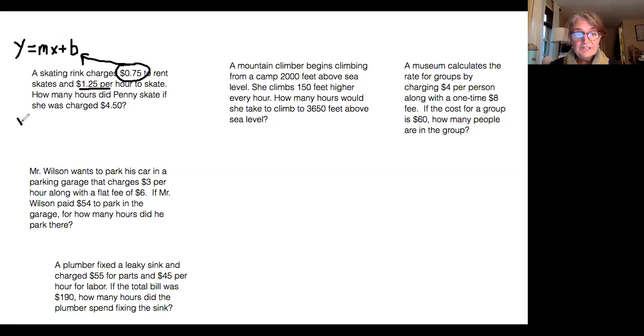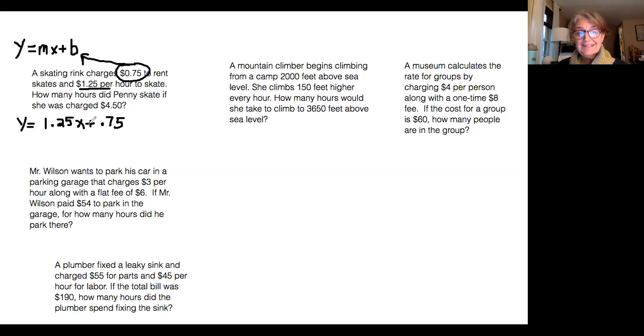So if I were to set up this equation, I would say y equals 1.25x plus 0.75. This is the cost of renting the skates. Now we know that she was charged $4.50.